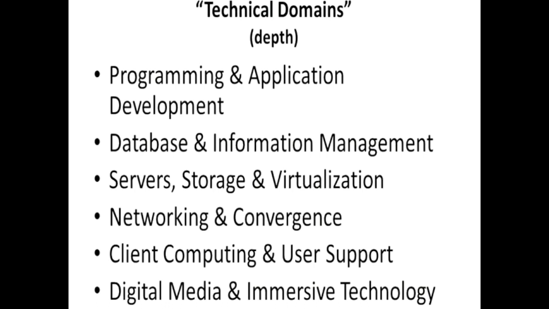Put another way, what should everybody be able to do? What should everybody know? If you are in a program that focuses on desktop support, what should you know about networking? What should you know about programming? If you're in a programming track, what should you know about cloud storage, whatever it may be?